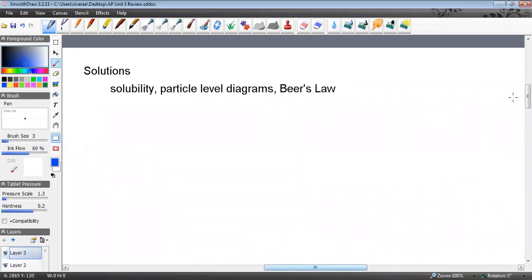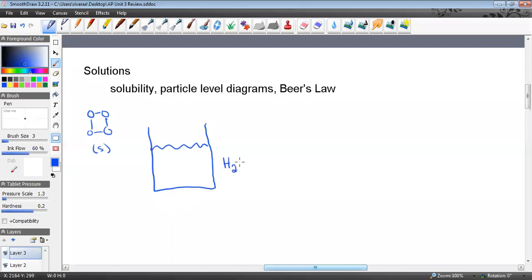Here we go. Solutions. How do we get something to go into solution? Well, if something is a solid, let's say an ionic solid, we've got a crystal lattice structure. So this is a solid, and we want to dissolve it in something. If this is a crystal lattice structure with charged particles, I'm going to want to dissolve it in something polar.